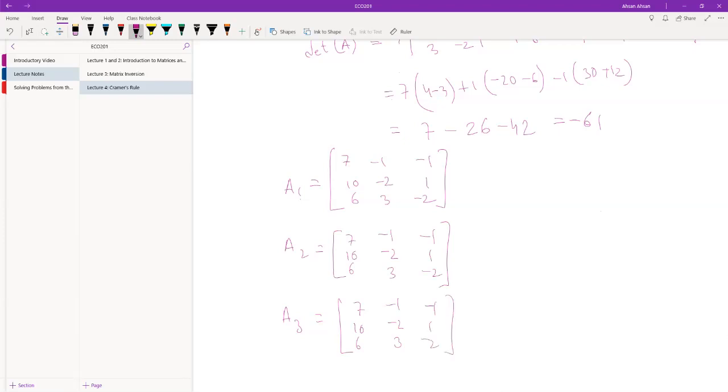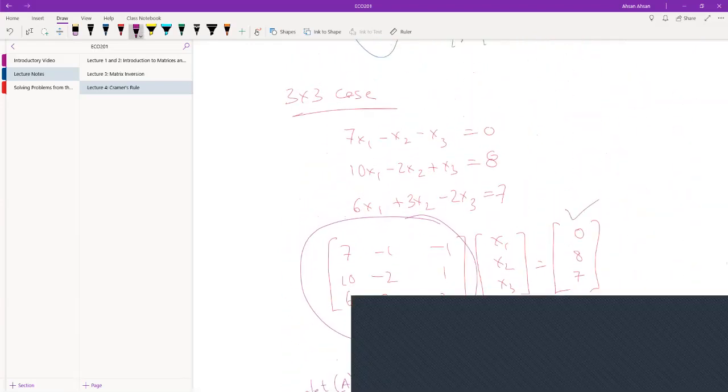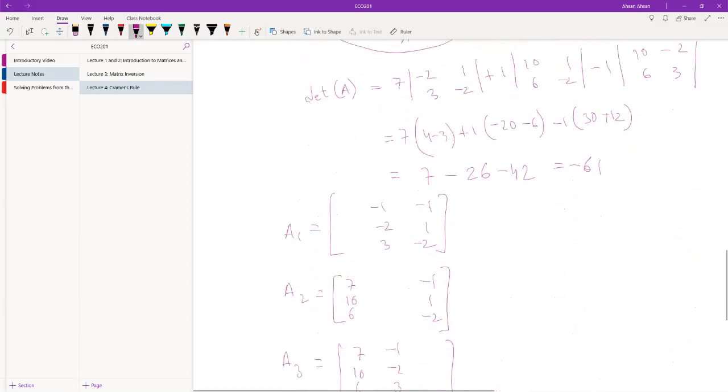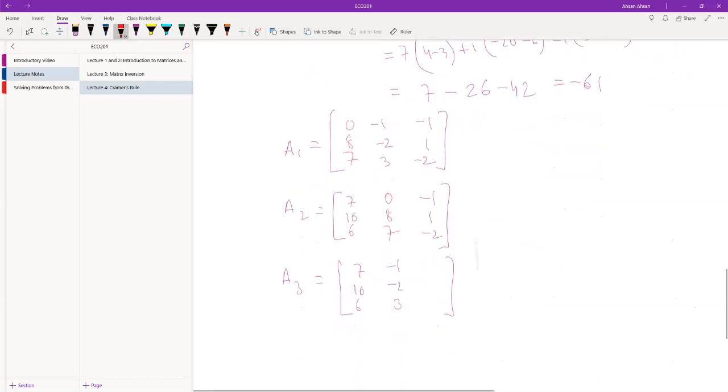And then what I'm going to do is erase the first column, the second column, and the third column, and replace them with this matrix. So we have 0, 8, 7. I'm just going to use a different color of ink. So I'm replacing this with 0, 8, 7, in each of the three matrices.